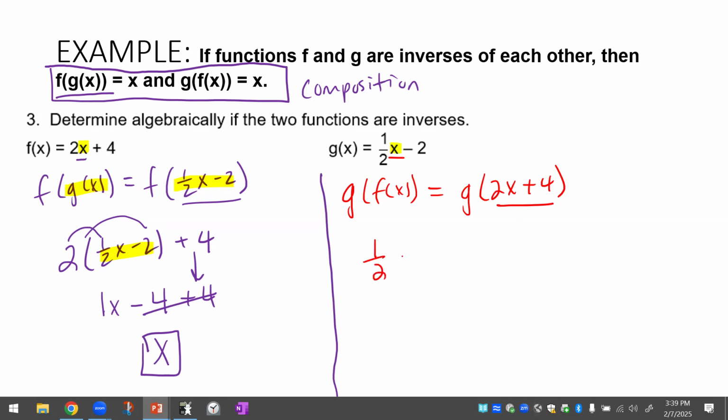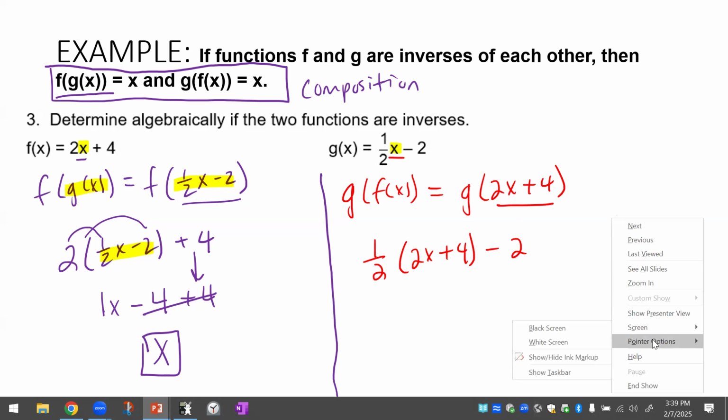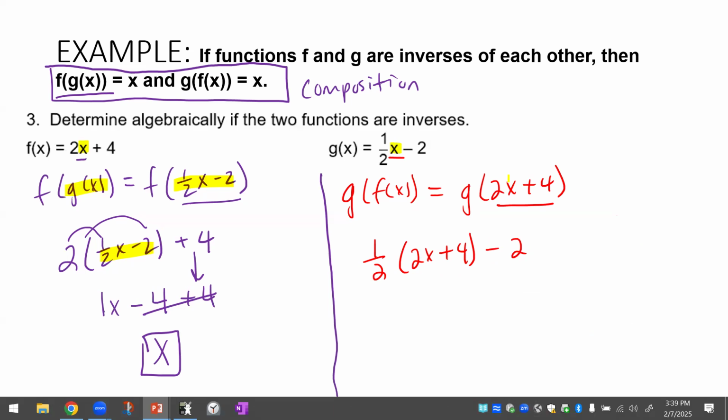So we have 1/2 times 2x plus 4, minus 2. Okay, so we had f of x, we had 2x plus 4, and we replaced our x with 2x plus 4. And now we're just going to simplify.